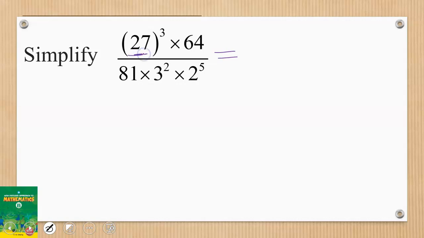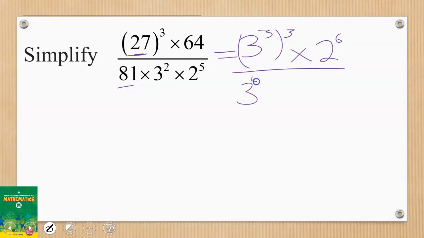Now, 27 can be written as 3 to the power 3, then the existing power 3 there, times 64 can be written as 2 to the power 6. That means 2 times 2 times 2 times 2 times 2 times 2 gives 2 to the power 6, which gives 64. Then here we have 3 to the power 4, which gives us 81, times 3 to the power 2, then times 2 to the power 5.